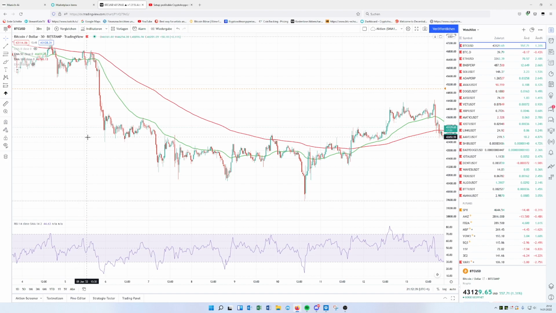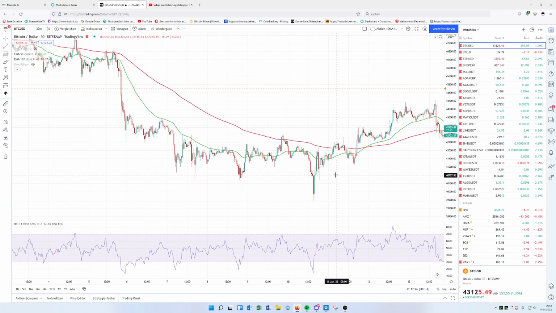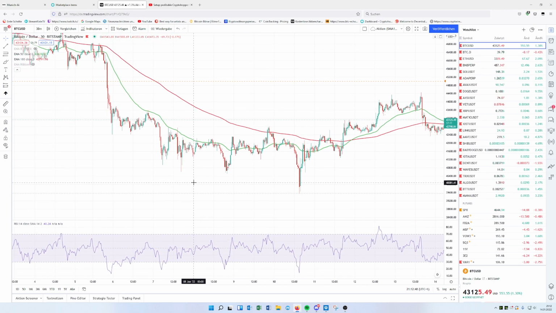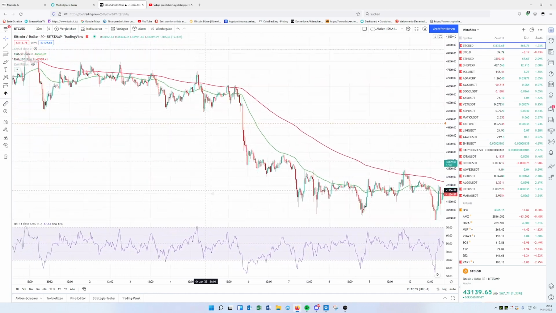Let me show you on the 30 minutes time frame, because if we want to trade and just take smaller profits, for example 1, 2, 3%, we will look at smaller time frames. And here you always see when the share is oversold and overbought.